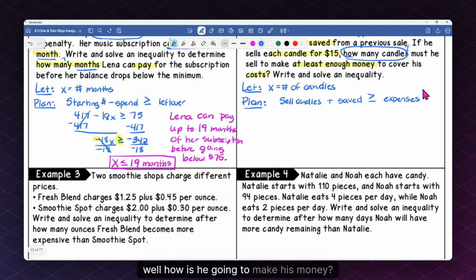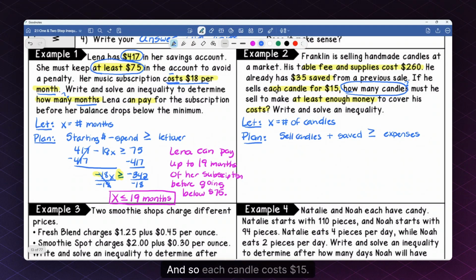Okay, well, how is he going to make his money? He's going to make his money by selling candles. And so each candle costs $15. So when he sells his candles, he's selling them for $15 each. So that 15 touching the X means 15 times X, or 15 times the number of candles, plus he has saved $35 from his previous things.